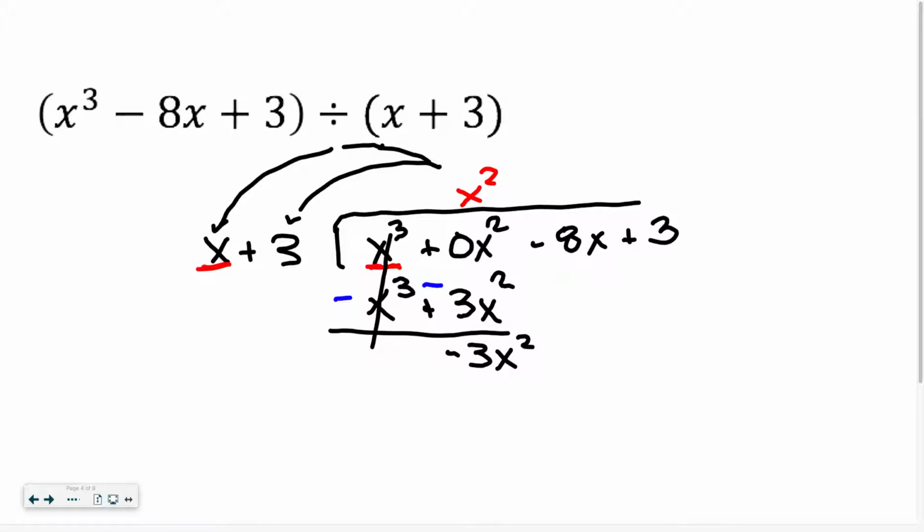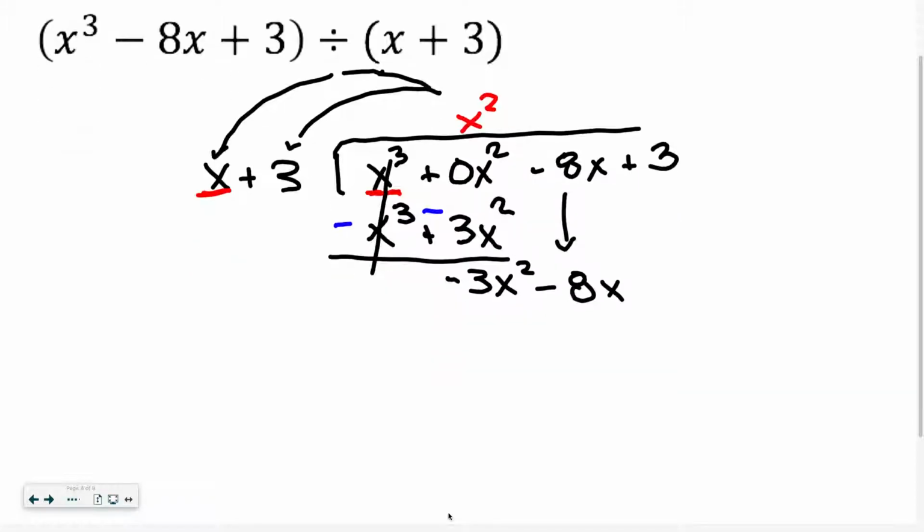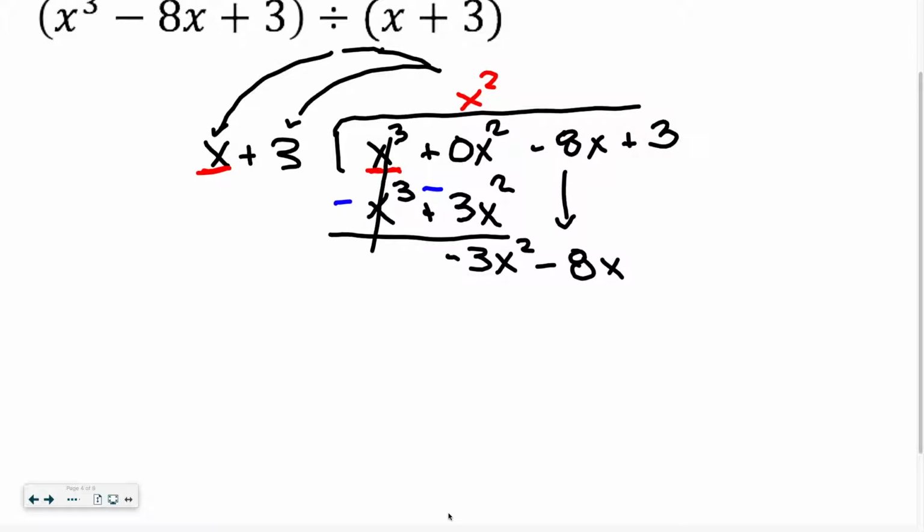Bring down the next term, minus 8x. So I always just ask the question, what's this first term, negative 3x squared, divided by x?